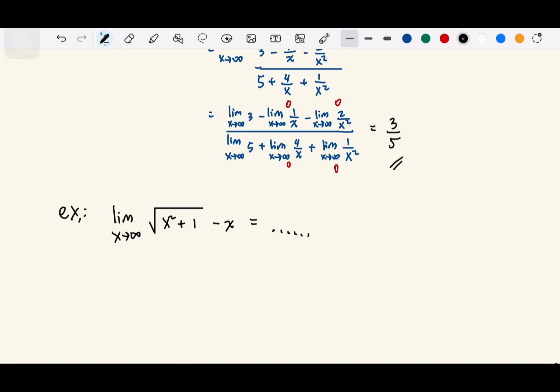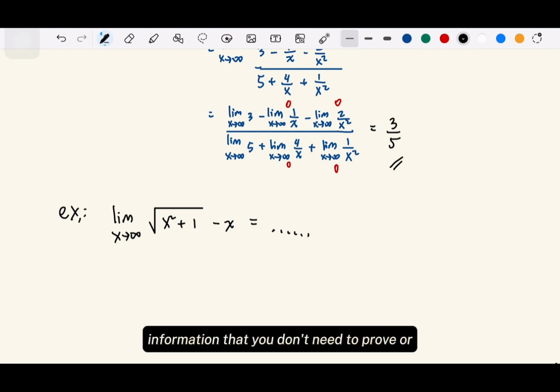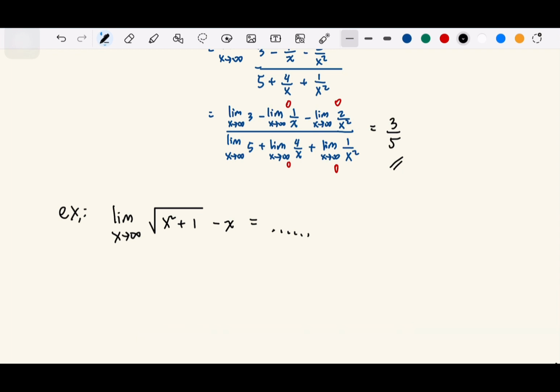Yes, basically. It depends on the equation. If there is just additional information that you don't need to prove for the answer, I think you can do it. But of course, the question is not as easy as that, right?